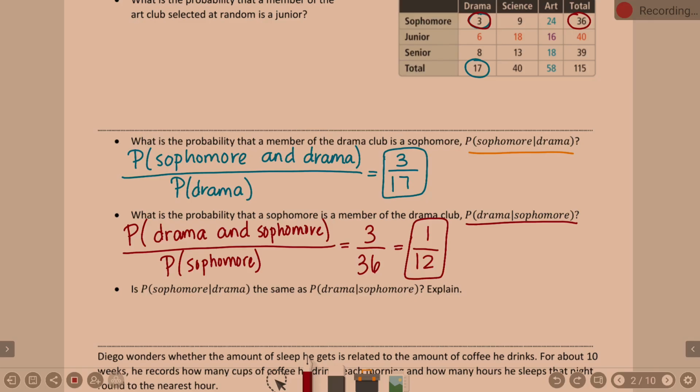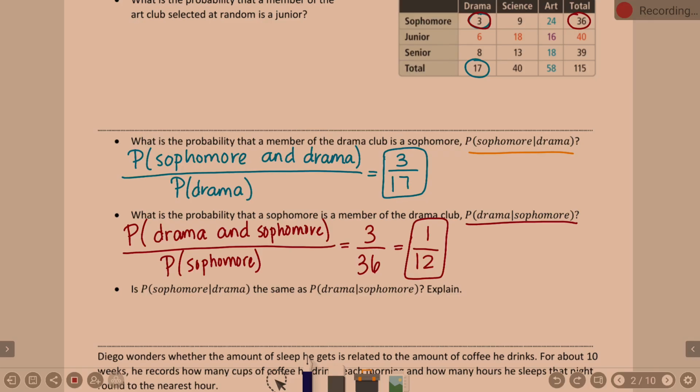Okay. Now, a food for thought type question. Is the probability of being a sophomore, given that they're in drama club, the same as the probability of being a member of drama club, given they are a sophomore? No, it's obviously not the same because we just did them and got 2 different answers, right? What's the difference?